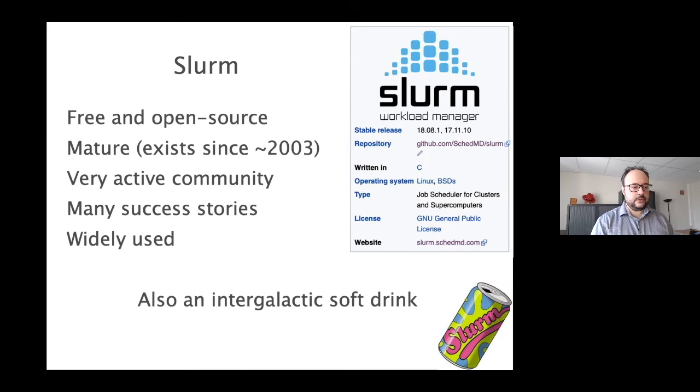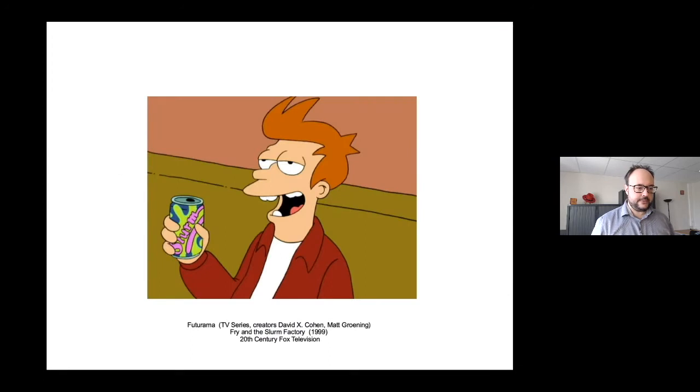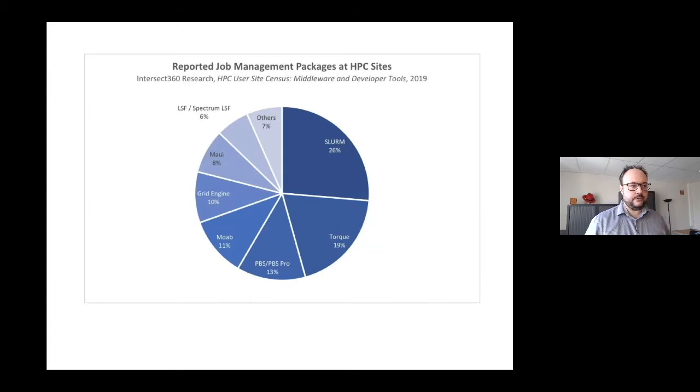It's also the name of an intergalactic soft drink popularized by the Futurama cartoon. Slurm is highly used in the world. As you can see here, the last HPC user site census in 2019 shows that Slurm is actually the market leader, and previous figures from the top 500 list showed approximately 60% of the top 500 clusters use Slurm.